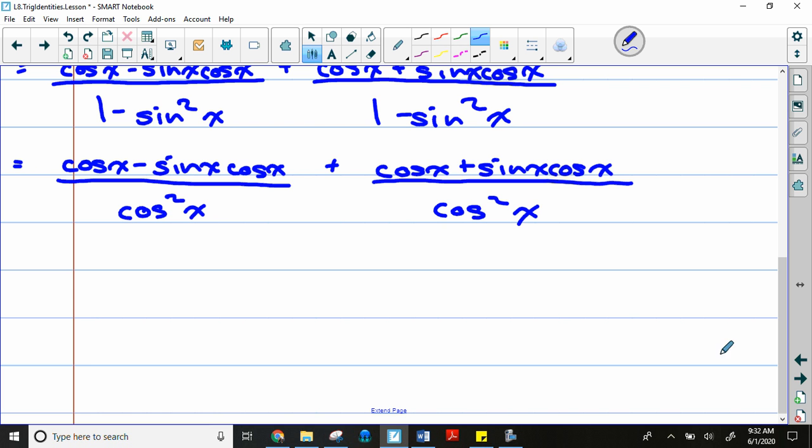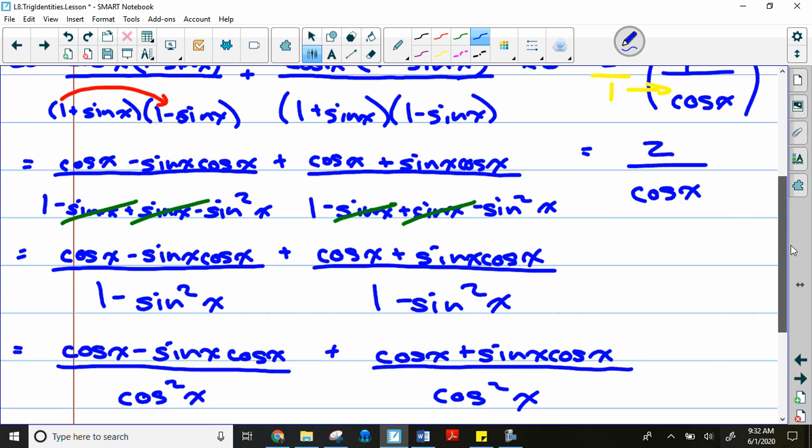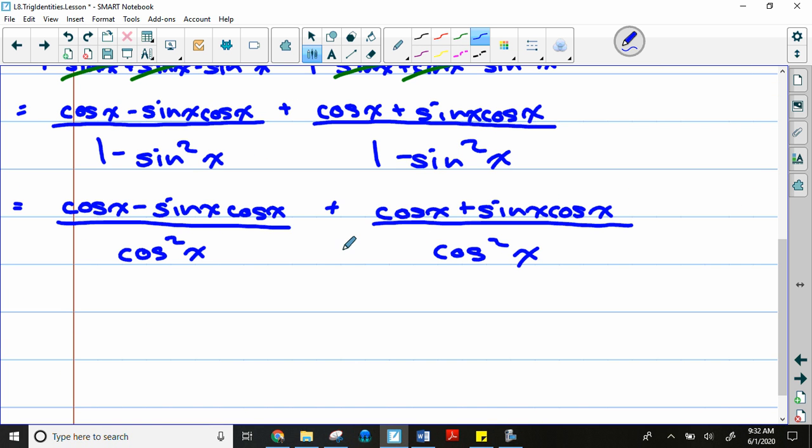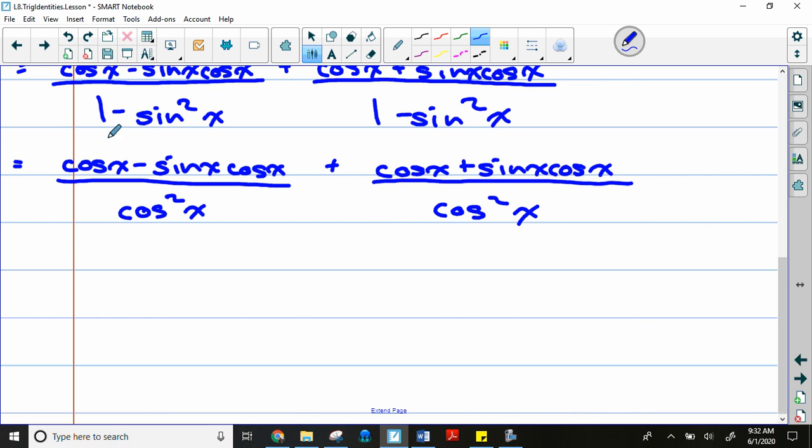because if I look back up here, on the right-hand side, my denominator is cos x. I've got it down to cos squared x. Like, I'm getting there. Now let's work with the numerator. Cos plus cos. Well, that's two coses. And because I've got the denominator down to the same thing, all I do is add across the numerator.